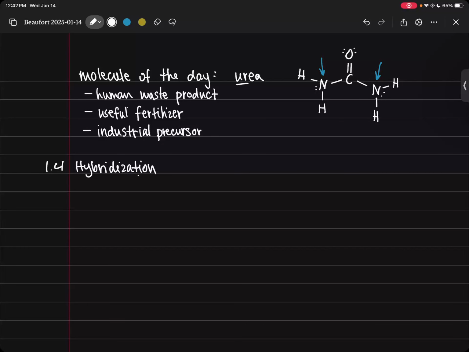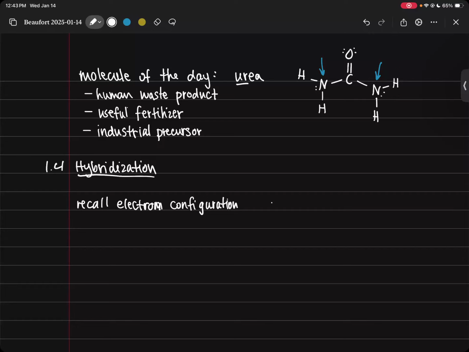So the next thing we need to talk about is hybridization. And in order to do that, we need to remember back to electron configuration from Gen Chem.